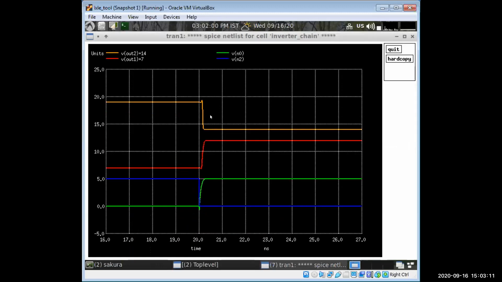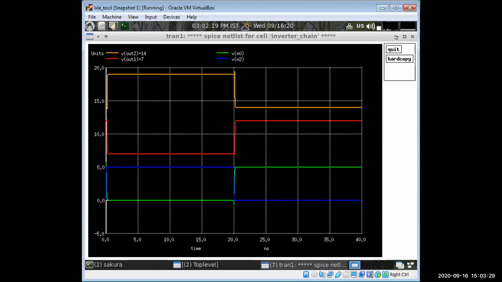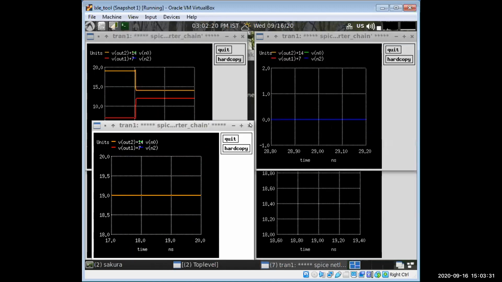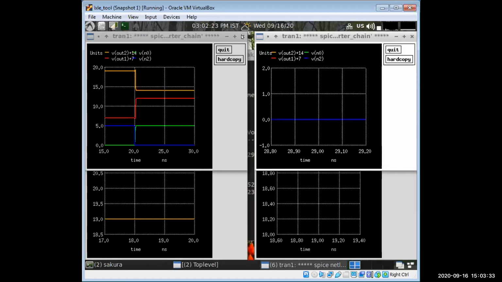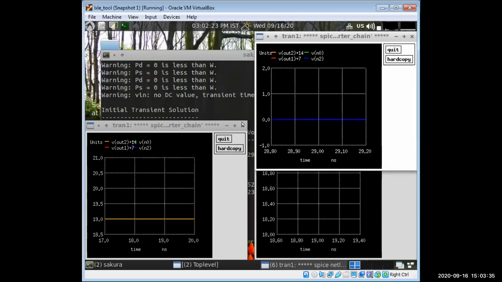So you can see the difference between the delays. Here the delay is more as compared to this, and here delay is more as compared to these two, because this is the output of the first inverter where the inverters are connected. So you can also see the TPLH and TPHL by doing the .measure command. So that's it. You can do it.